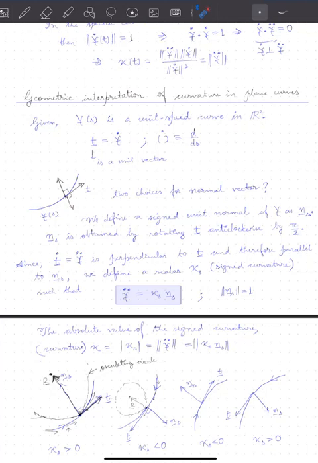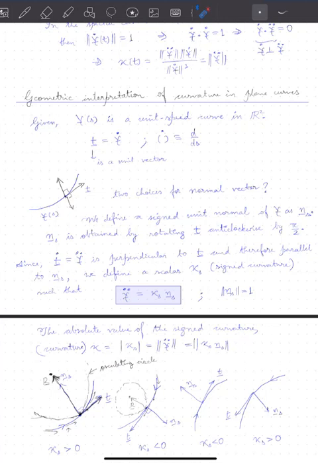So in order to have a unique normal, just for the purpose of analysis, we define what we call the signed unit normal of the curve, n of s.